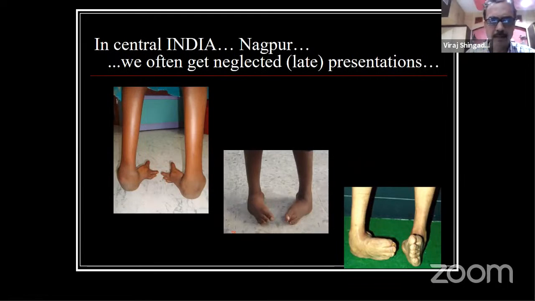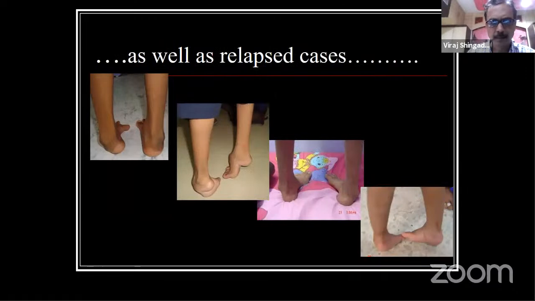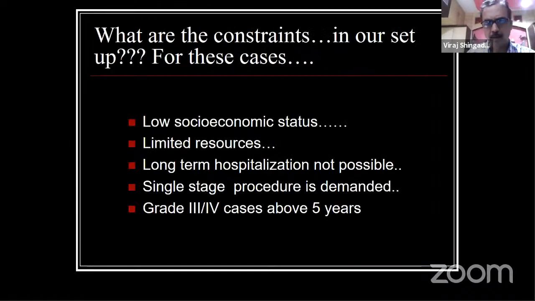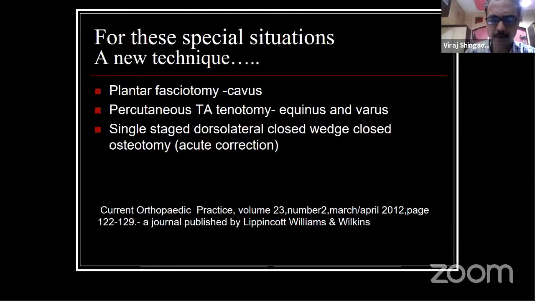We do get a lot of neglected or delayed presentation or recurrent feet where people are operated and 2, 3, or maybe 4 surgeries have been performed. Most of them come from a low socioeconomic background with limited resources, long-term hospitalization is not possible, and they want a single stage procedure. I'm talking about the rigid variety, the grade 3 or 4 cases.